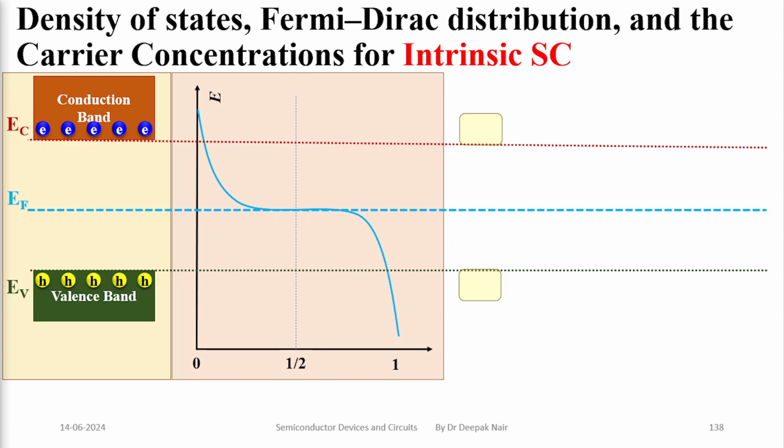Now, if we correlate the Fermi energy diagram with the conduction and valence band, we can see that as we keep on moving upward, the density of electrons keeps on decreasing. Here we have very high density, and as we move upward the density becomes lesser and lesser, or the energy associated with the electrons keeps on decreasing.